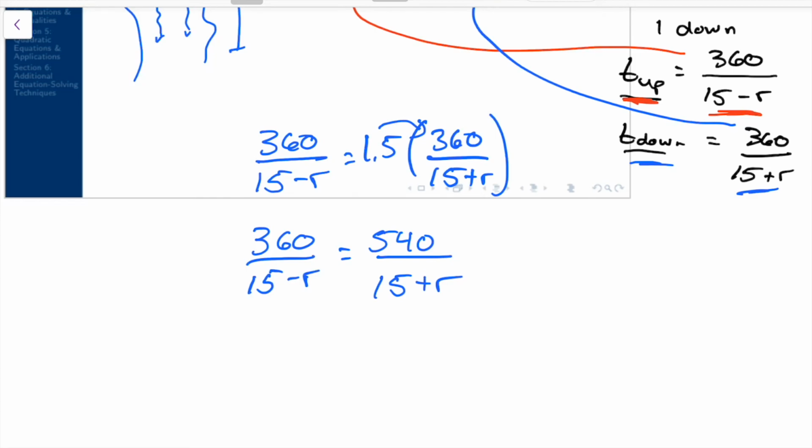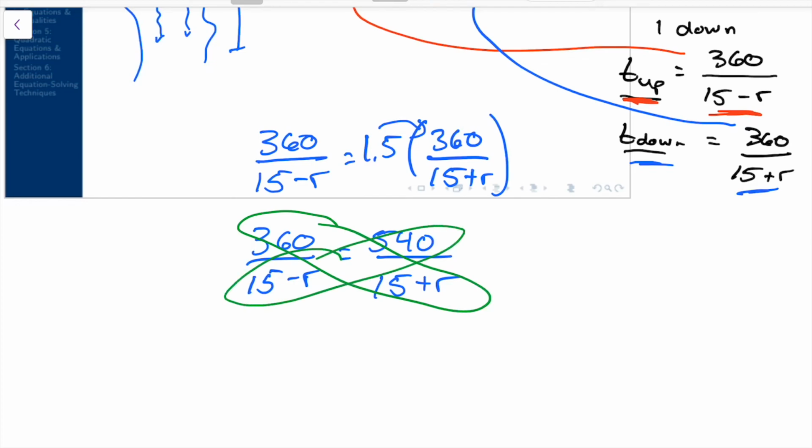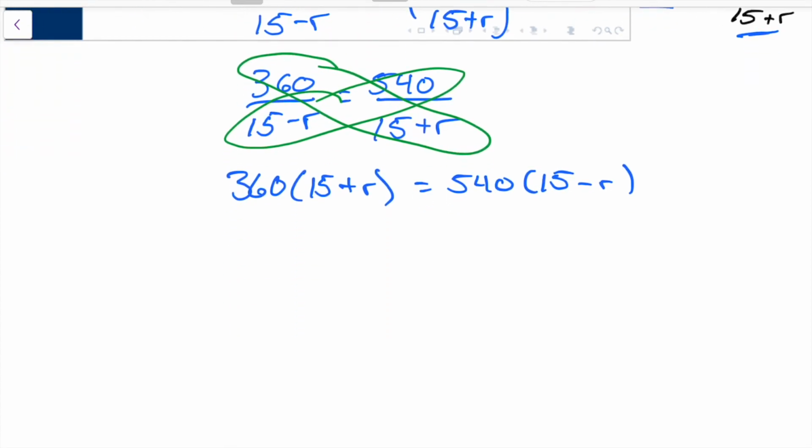And if we want to simplify two fractions that are equal, the best thing to do is to cross multiply, right? So we'll get 360 times 15 plus r is equal to 540 times 15 minus r. All right, we'll continue.